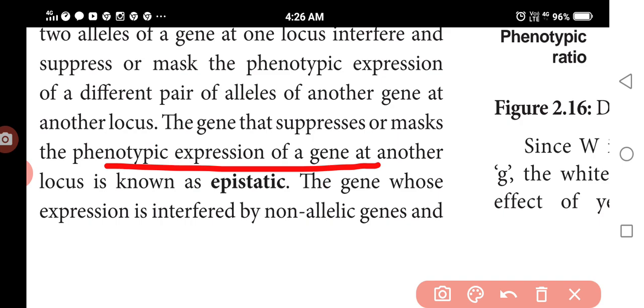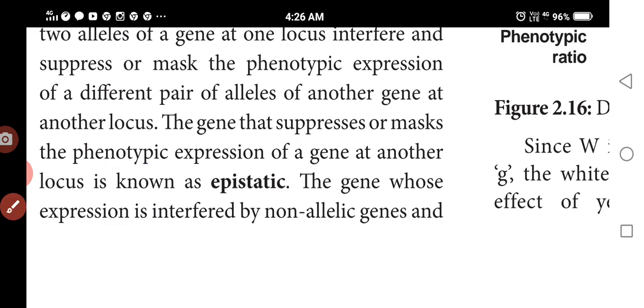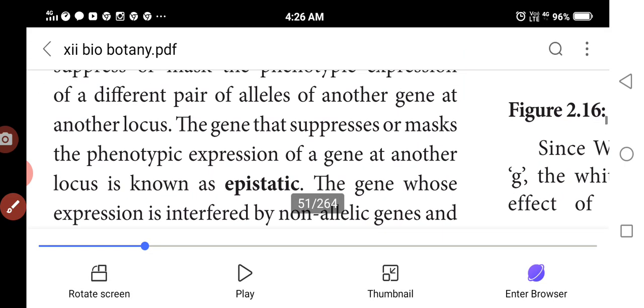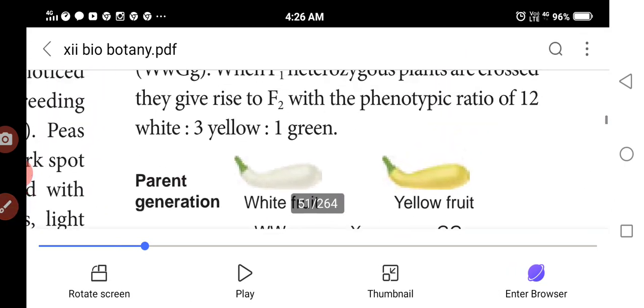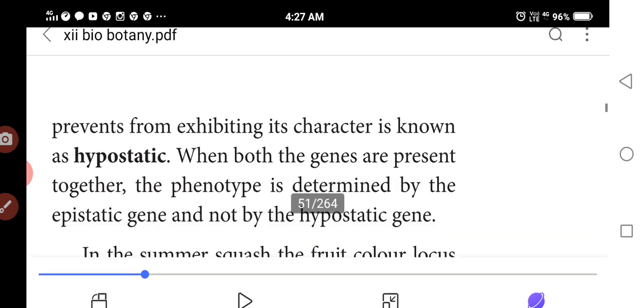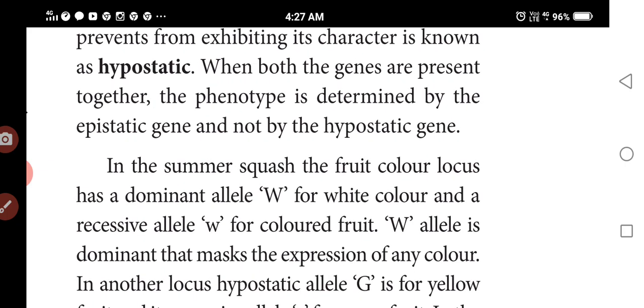That is called epistatic. The gene whose expression is interfered with by the non-allelic gene is called hypostatic. So the effective gene is called epistatic, while the affected gene is called hypostatic. You understand? Epistatic and hypostatic.